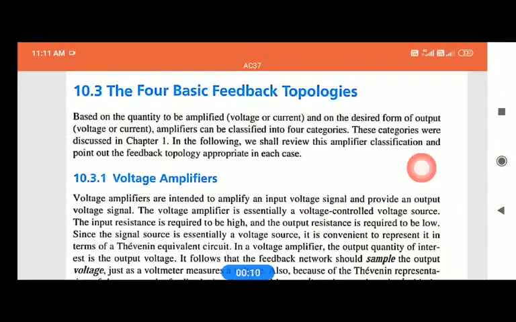In this session, we are going to discuss the four basic feedback topologies.